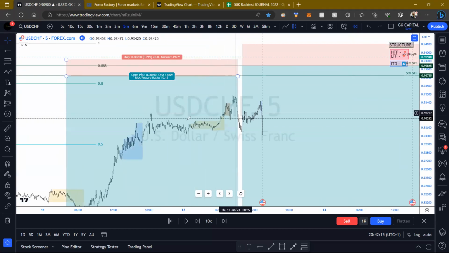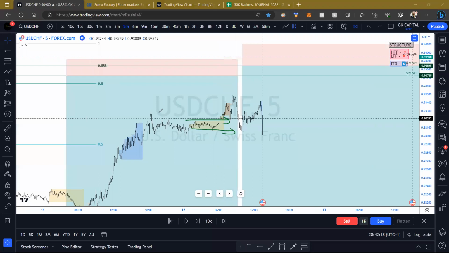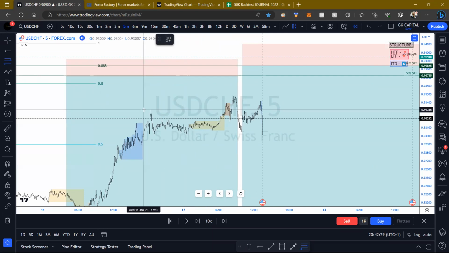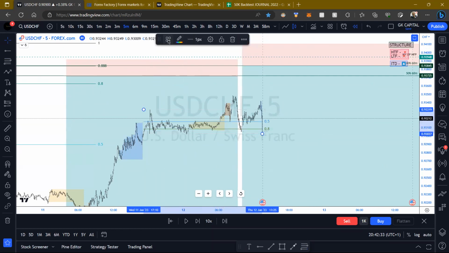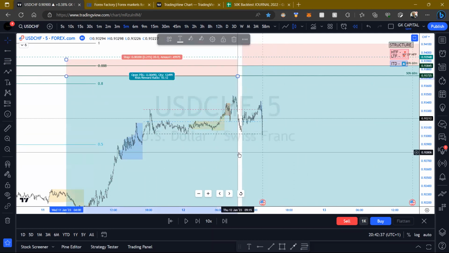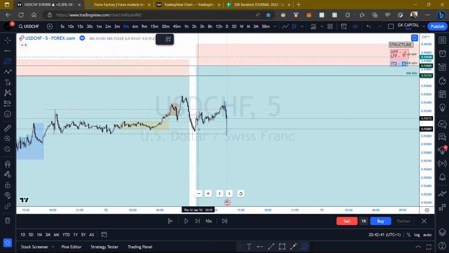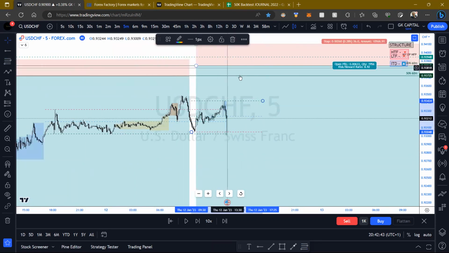I like the fact that we took our Asian high, took our Asian low, and this is where we're sitting. Let me actually draw it out much better. That is my trading range. Okay, so we do break below the trading range. Now what I'll be looking for is the limit in here.